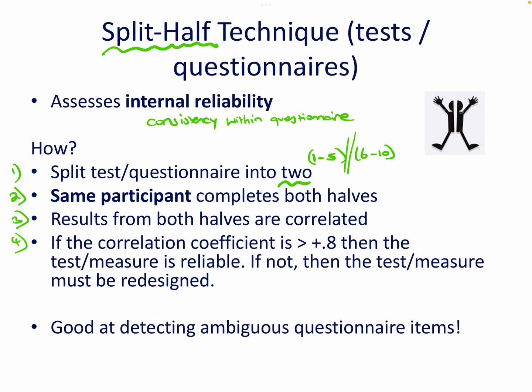Then we want to correlate our scores. A quick note on correlations. Let's pause there actually and just go back for a second. A correlation is where we're looking at the relationship between two covariables.